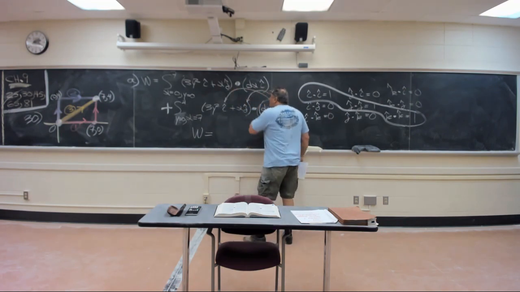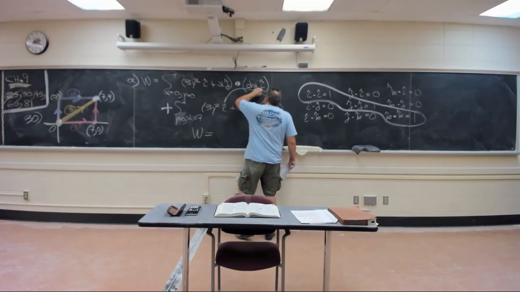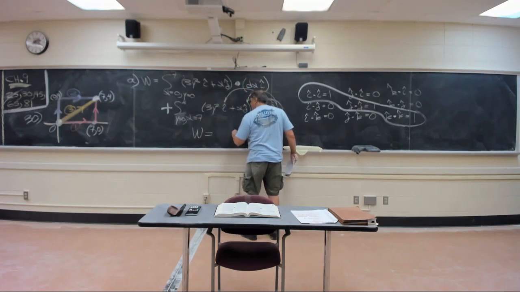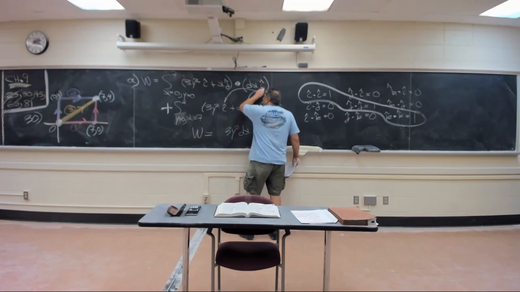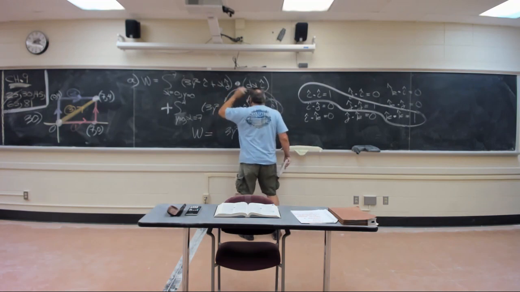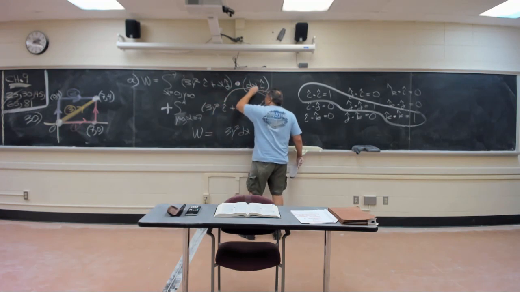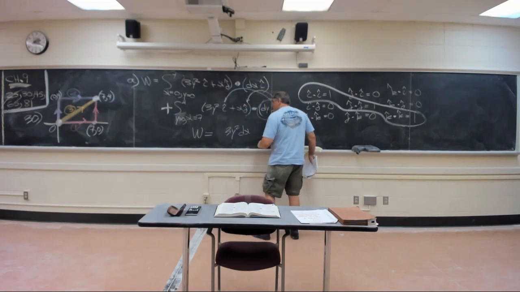Let's play the game. On the i side, you got this. i hat dot i hat is 1, so it's 3y squared dx. i hat dot j hat is 0, actually, so you're done.